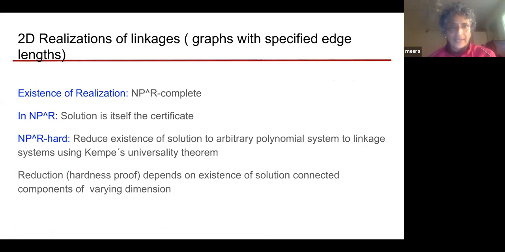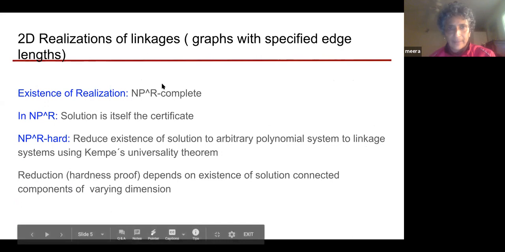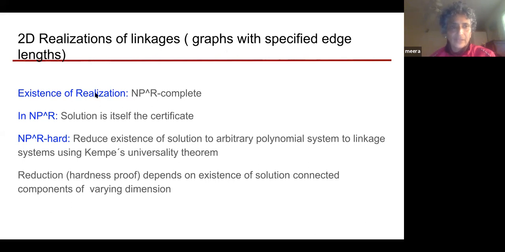So, 2D realizations of linkages. By linkage in this talk, I mean a graph with specified lengths on the edges. Already the existence of a realization is NP-complete. I'm putting this R here, which is a little bit of a technicality in many people's worlds. In other people's worlds, it's a major difference: whether or not you're able to represent a real number in a computer.